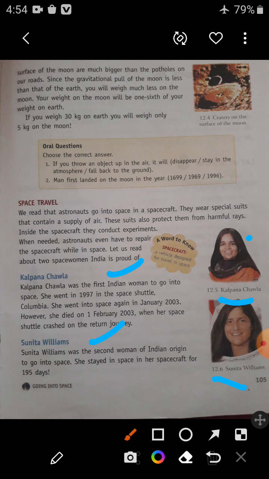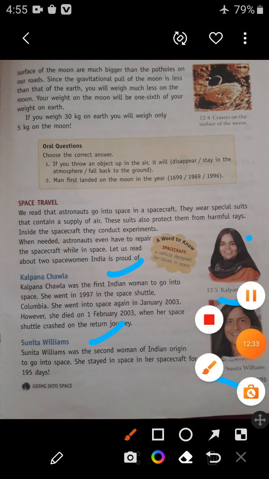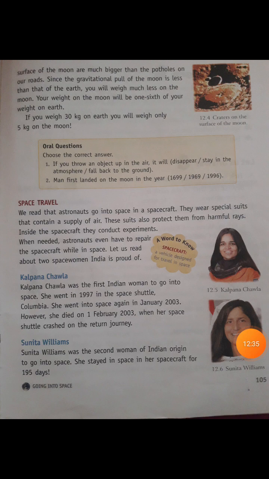It means she stayed there for 6 months. And students, she was the second woman of Indian origin, for whom India is proud.